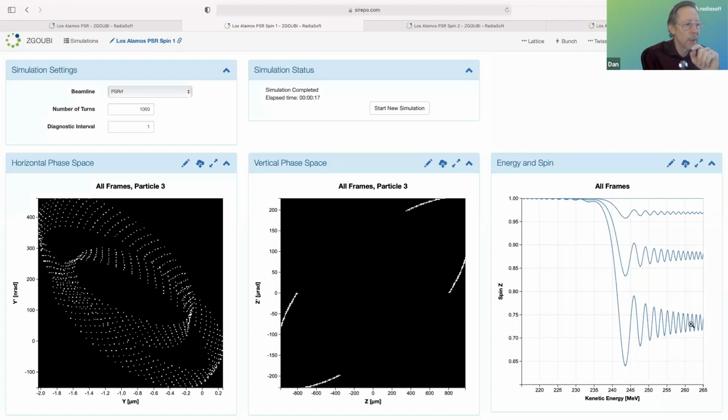And we can plug in values for the P initial, P final, and the rate at which we're crossing the spin resonance, which we can get from that earlier curve of the rate of energy increase.